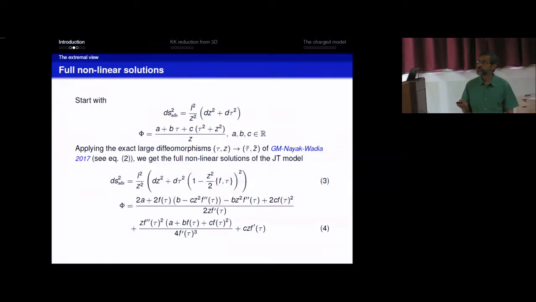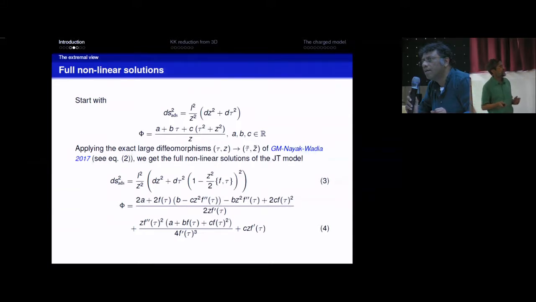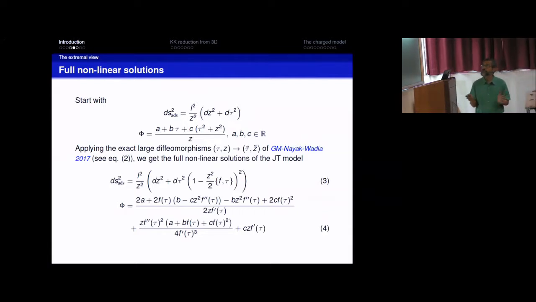Yes, these A, B, C are part of that. These A, B, C are real. What actually happens is that there's a full set of 6-parameter solutions, but these are the ones which stay. So you've already modded out by the SL2R.